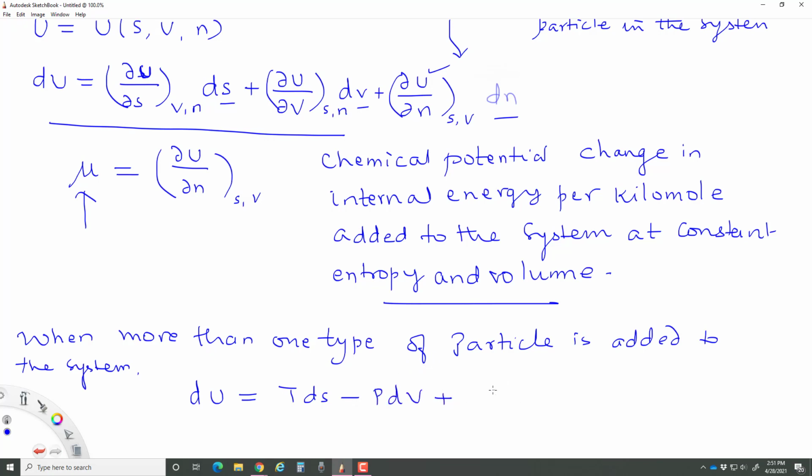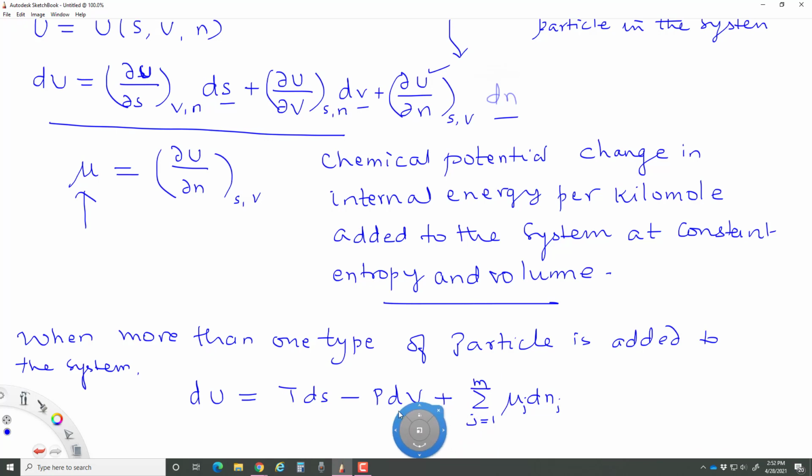Now for multiple species of particles, for each species we need to add this mu dn. So we have multiple mu dn's, so we can write mu_j dn_j, where j goes from 1 to m. Okay, so that's the number of species. If we have 3 different types of particles, then this would go from 1 to 3.